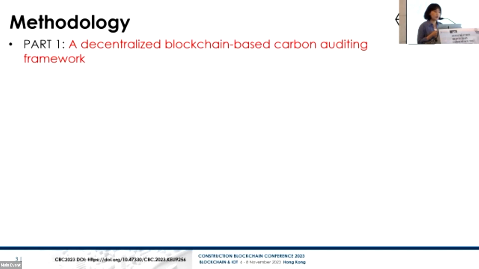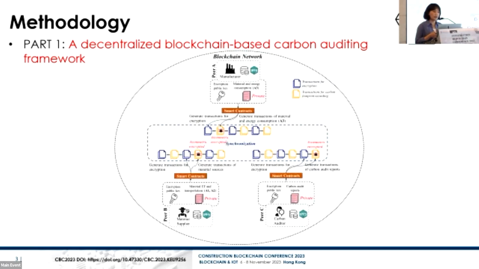Let's take a detailed look at this one. For the first part, we propose a decentralized blockchain-based carbon auditing framework. In this framework, we can see there are three kinds of stakeholders, following the traditional workflow of carbon certification. We also structure the data requirements based on different roles, which are designed with the traditional data requirements.